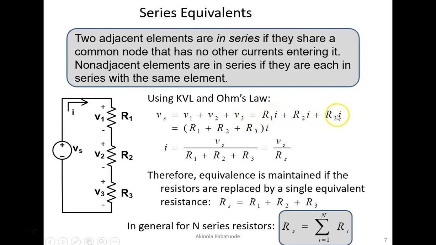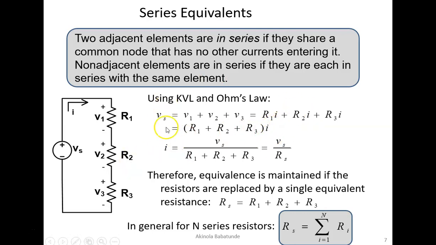Since they all have a common current, we can rearrange and then we collect all the resistances together. We have R1 plus R2 plus R3 all multiplied by I, which is a common current passing through all the resistors.